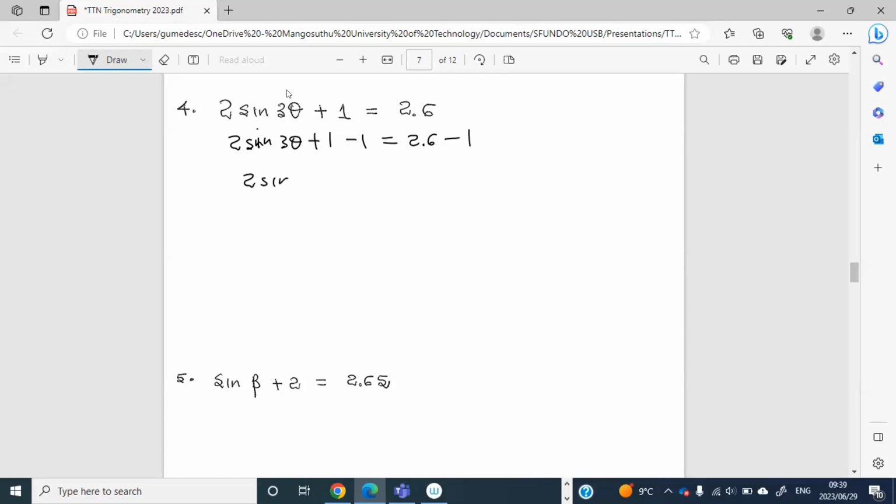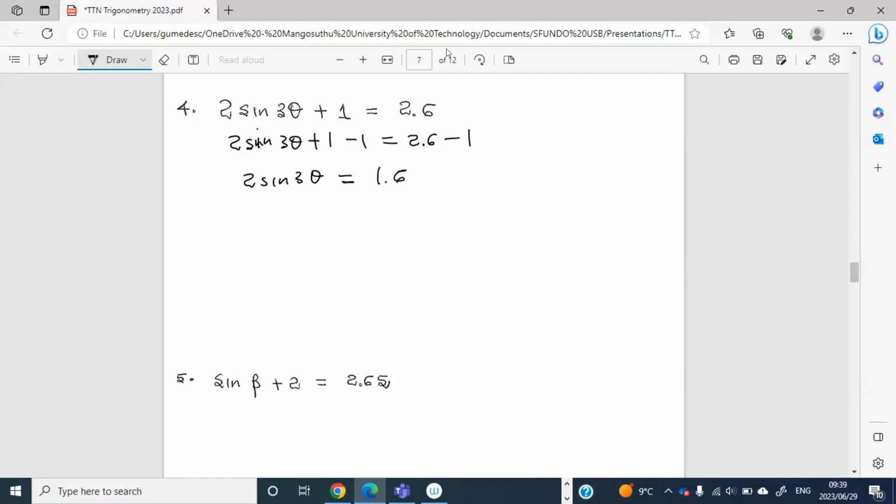So we'll have 2 sine 3 theta. This 1 minus 1 should be 0. And then we'll have to calculate what is 2.6 minus 1. I got 8/5 or 1.6. Got 1.6 here.